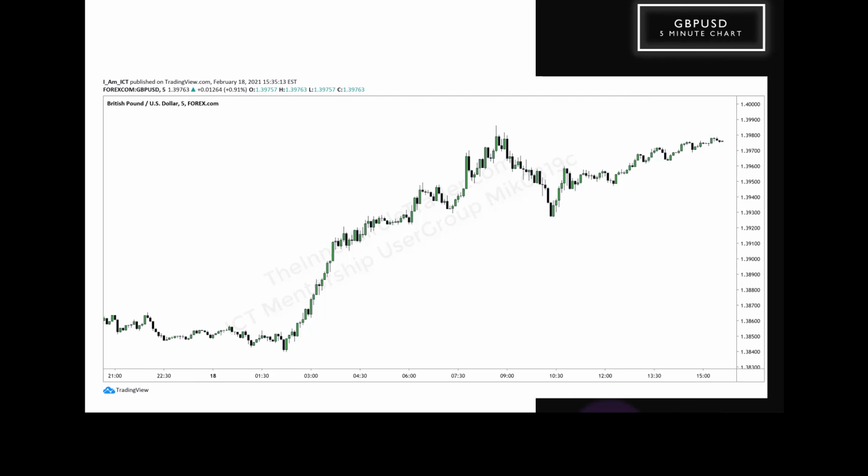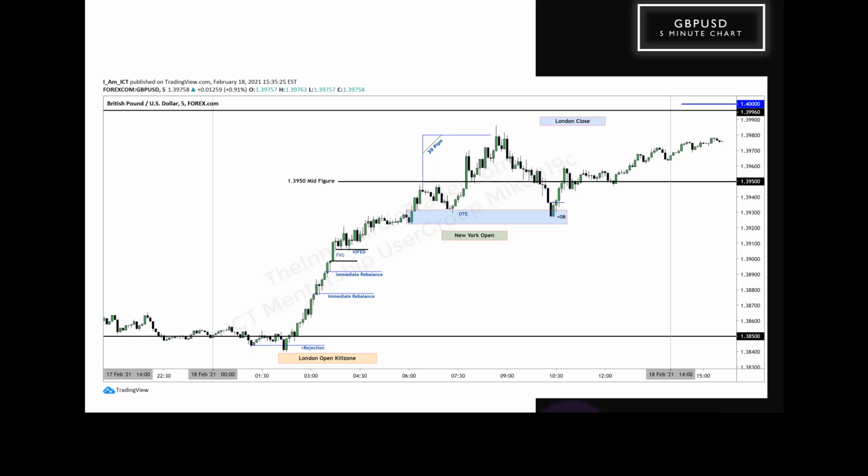Pound dollar or cable 5-minute chart for February 18th, 2021. All right, so we have rejection block again. We have a low, lower low. Go back to the lowest down closing price. London Open kill zone.